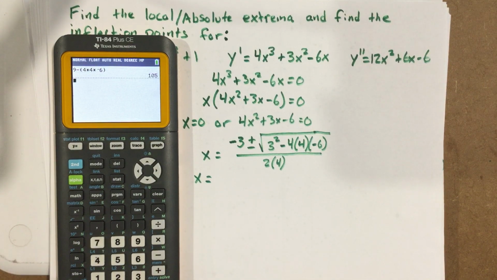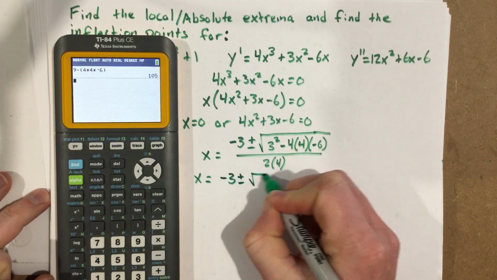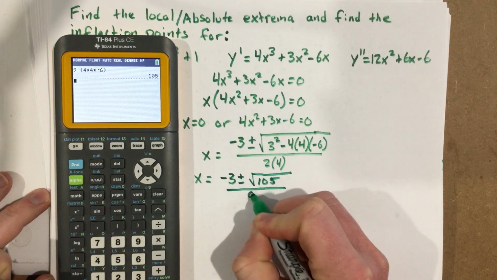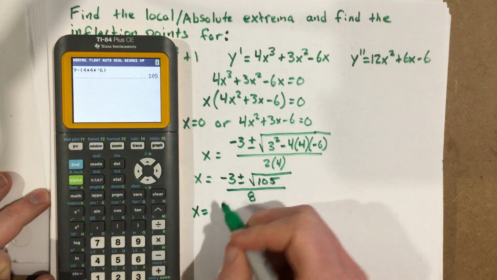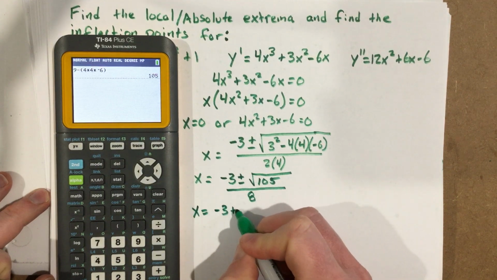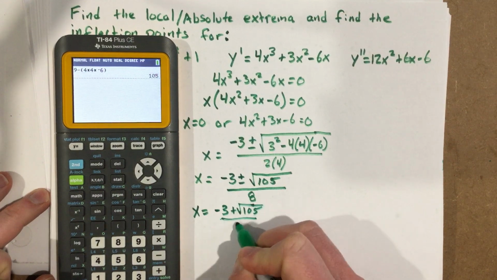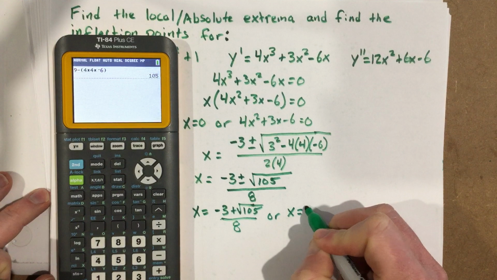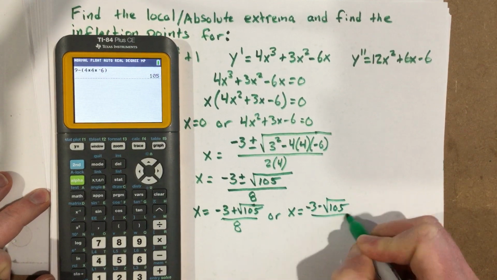So I end up with -3 plus and minus root 105 all over 8. So that means I get x equals -3 plus root 105 over 8, or x equals -3 minus root 105 over 8.